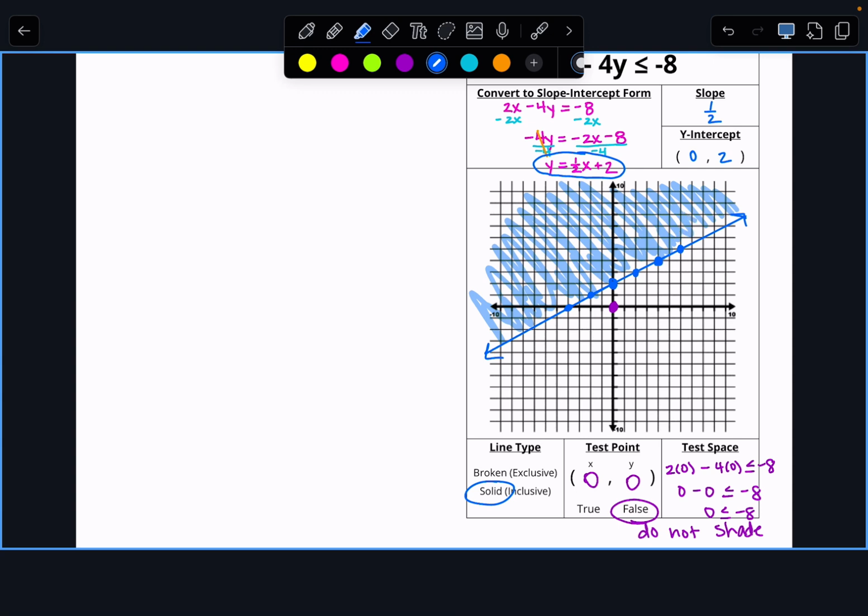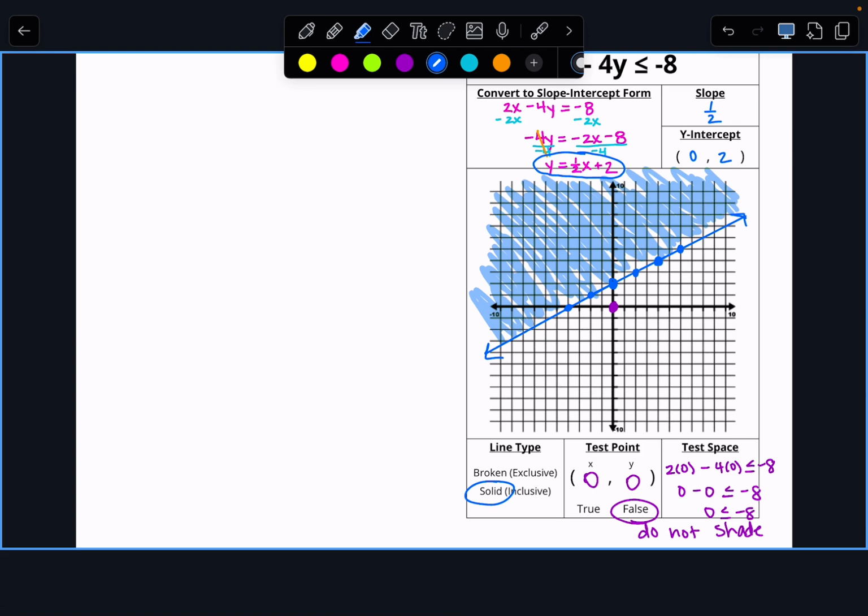So how does the shading work? The shading is just like lightly coloring in with your pencil, representing, hey, all of these coordinates satisfy my inequality. How are we supposed to know whether to shade the top or the bottom? We are always going to pick a test point.